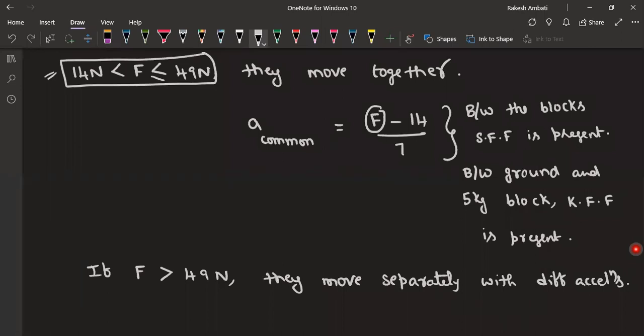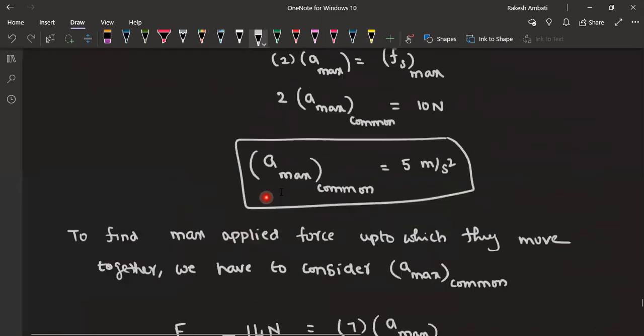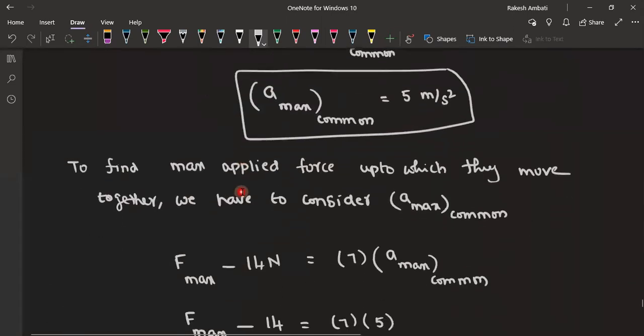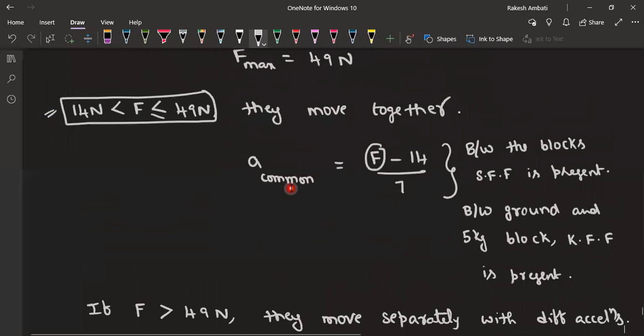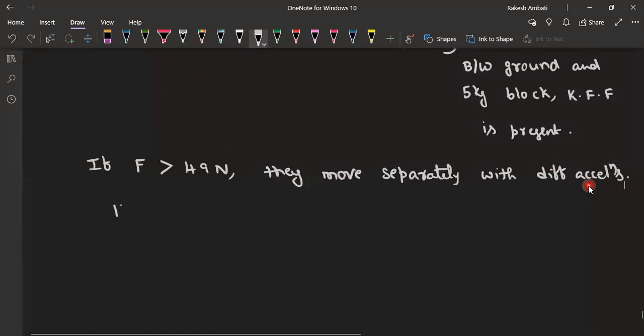Now, is relative motion between them present or not? Present. If relative motion is present, kinetic frictional force is present everywhere, between the blocks and between the ground and the block.